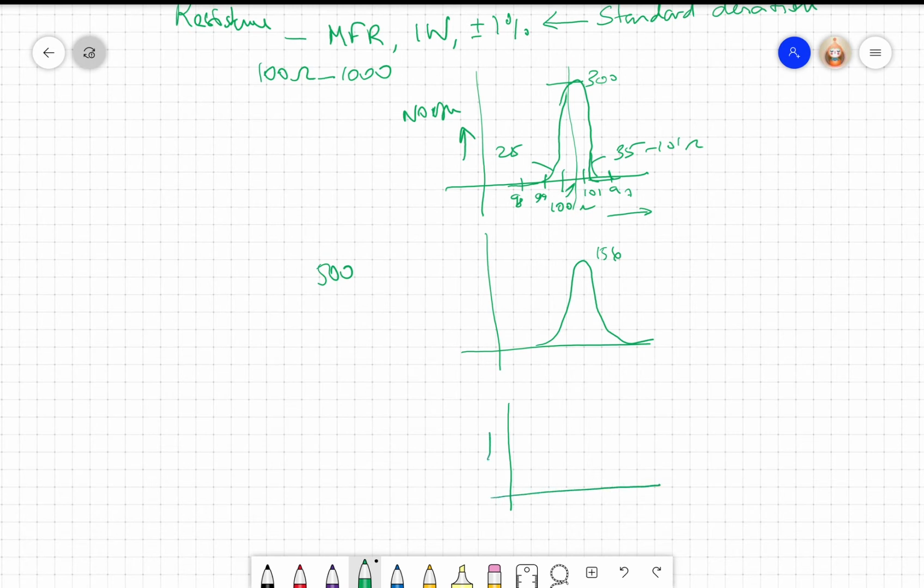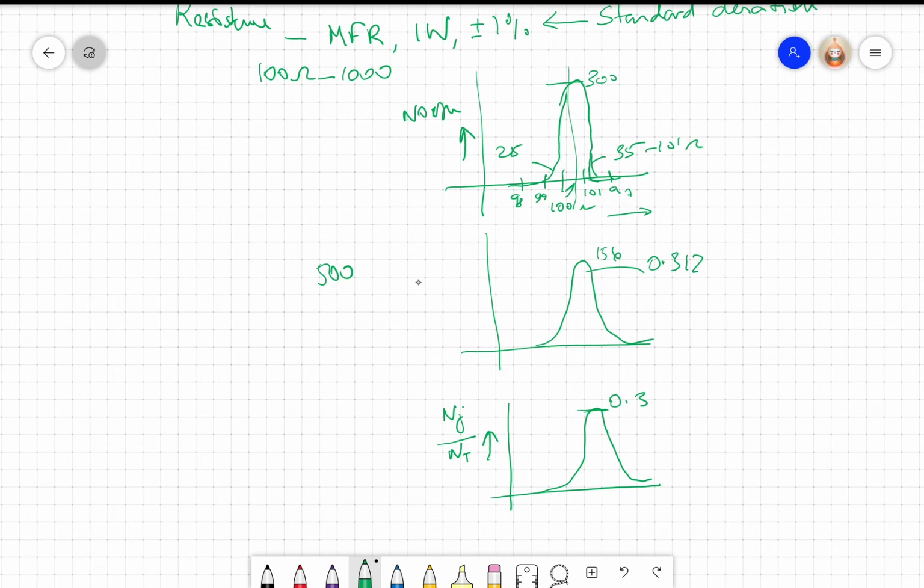So, in the y-axis, we put the number of times a particular jth measurement has come divided by the total number of measurements. So, this again would be the same curve, but the peak would be, for example, here it will be 0.3, here it will be 0.312, right? So now you see that these two measurements are normalized. This is also 0.3, this is also 0.3, so we can compare.